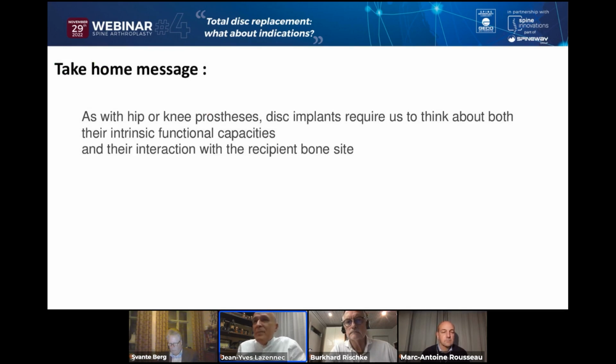So the take-home message, we must be a little bit like hip and knee surgeons. Disc implants require us to think about the intrinsic functional capacity we know, but also their interaction with the recipient bone side. It does not mean limitation of mobility, but we must be aware of small details making our life much better after. Thank you.